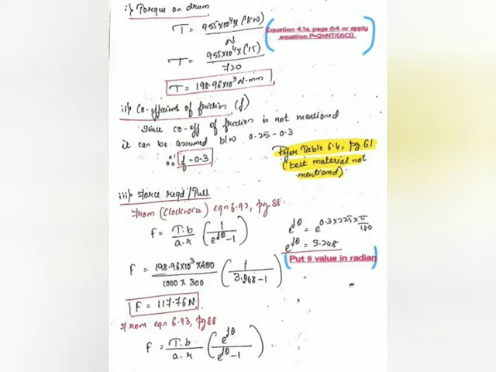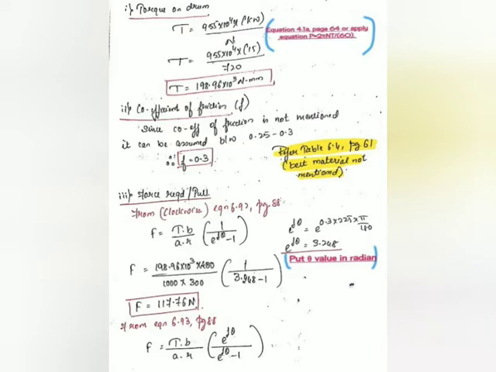This torque equation is there in our design data handbook, equation 4.1a, page number 64. Either we use this equation to find the torque, or you can simply apply the general power equation, P equal to 2 pi NT by 60, and you can find the torque, which is shown in the blue brackets.